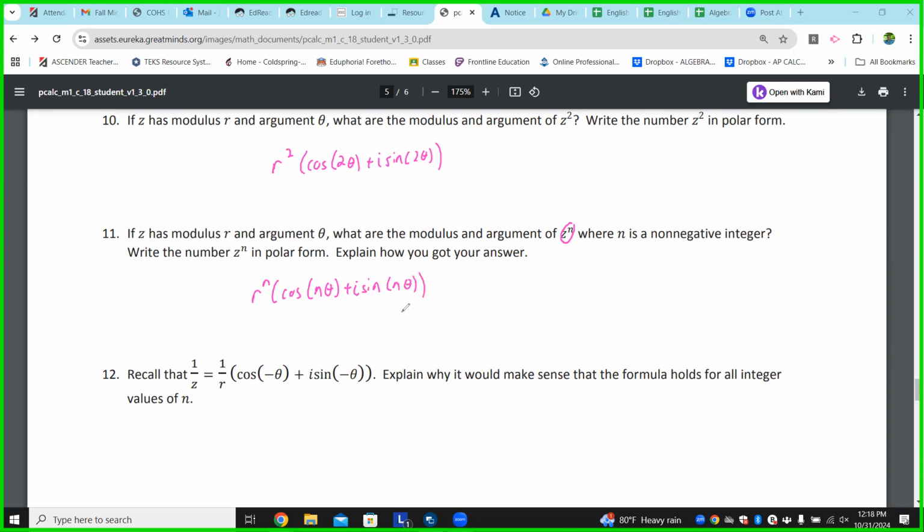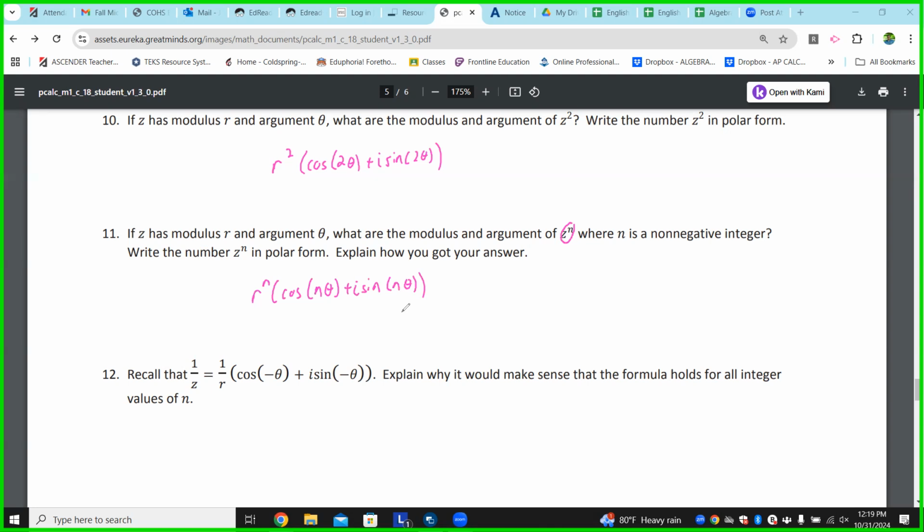If you're given a complex number, you just go find its modulus, go find its argument, and then plug it into this equation corresponding to whatever nth power you're looking for. So if you reflect back on the mid-unit test that we just took, z to the 4th now becomes a way easier problem. And I wish they would have shown this before giving that to you beforehand. Any questions there?